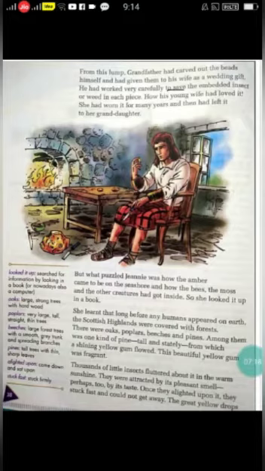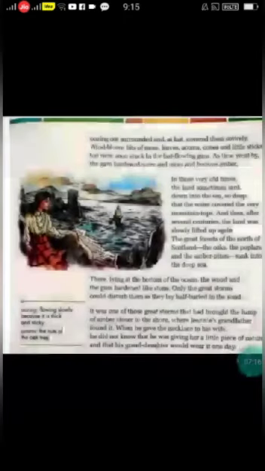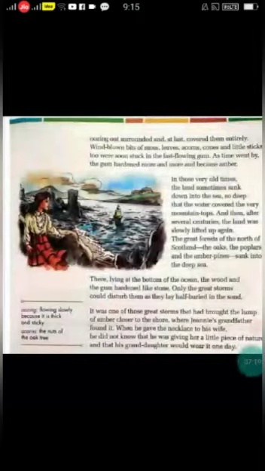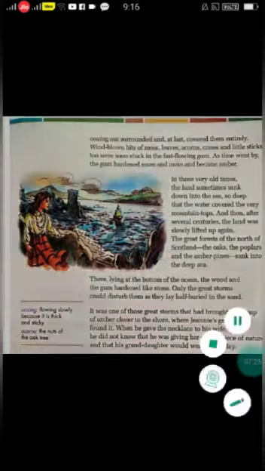The great yellow drops oozing out surrounded and at last covered them entirely. So oozing out means coming out. If you observe in this picture, the gum which is coming out from the trunk means the gum is oozing out, surrounded and at last covered them entirely. See, the gum has covered that insect completely inside it.